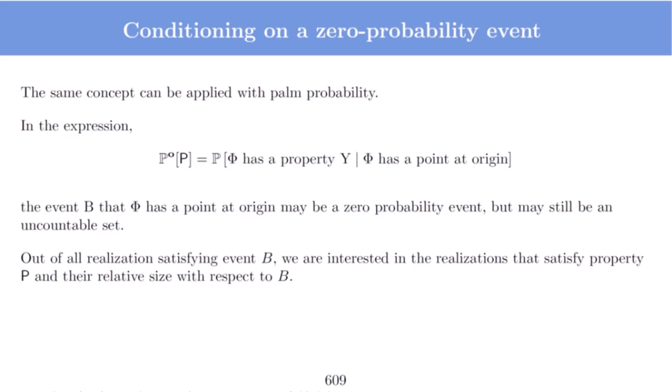So now you will look at only this set, redefine your probability measure in a consistent way so that this is the sample space, and conditioned on this, you will look at how many realizations out of this set have a property P. So in short, out of all realizations satisfying event B, we are interested in realizations that satisfy property P and their relative size with respect to B.